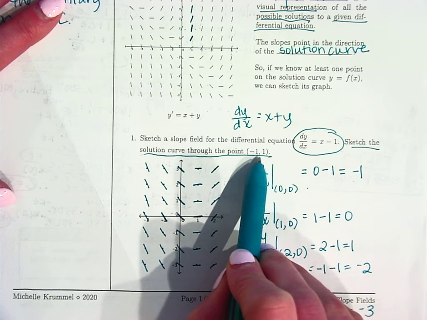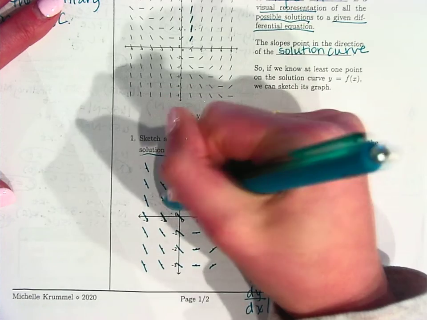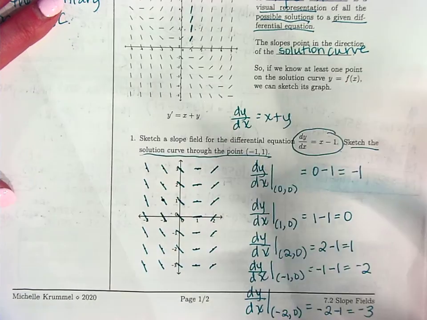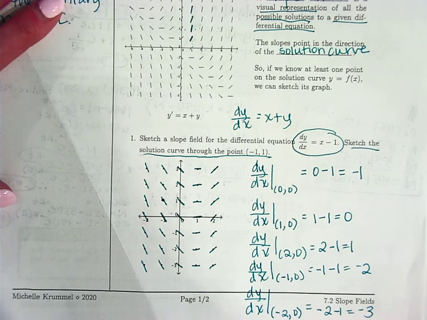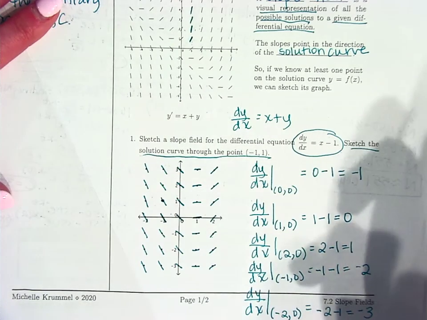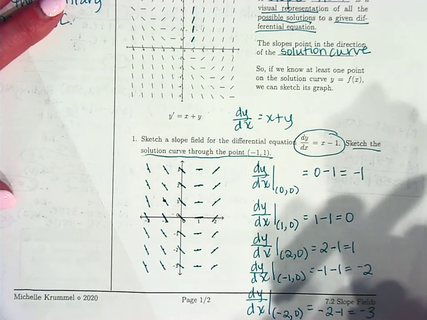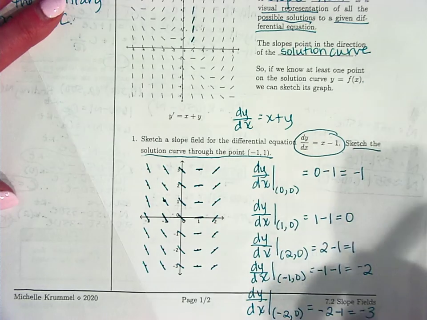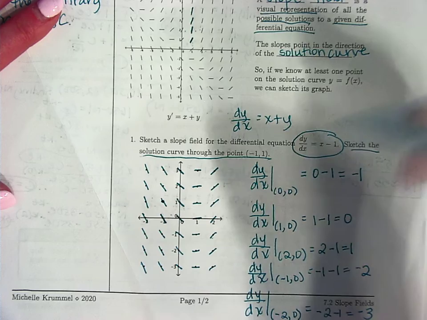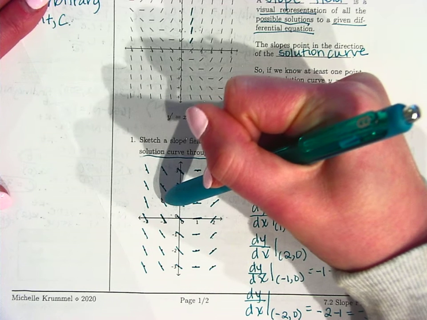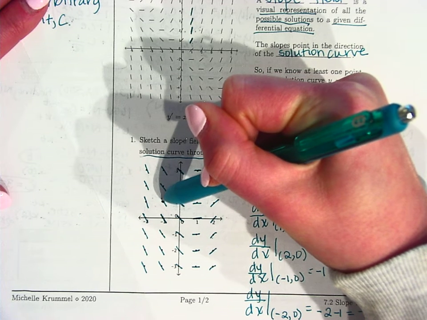So if we start at the point -1, 1, that's right here, where I drew that little dot. And like I said, this is just a sketch, so your sketch might look slightly different than mine, but the way we draw the curve is you're going to take your pencil and you're going to follow along.